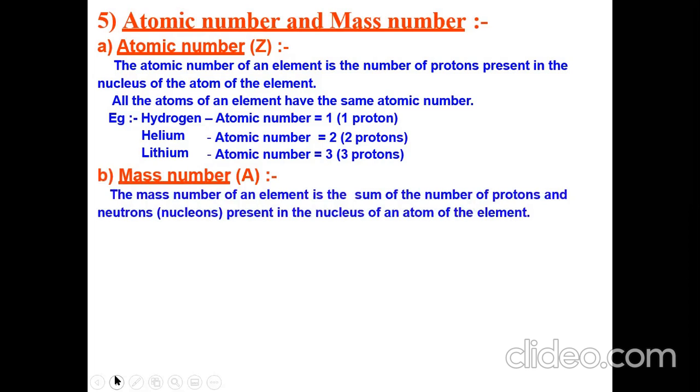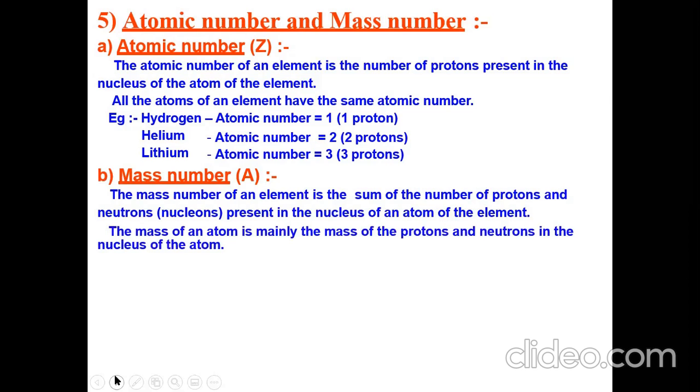Mass number. The mass number of an element is the total of the number of protons and number of neutrons. And these protons and neutrons are known as nucleons. Why? Because these protons and neutrons are present inside the nucleus of an atom. So the mass number of an element is the sum of the number of protons and neutrons present in the nucleus of an atom.